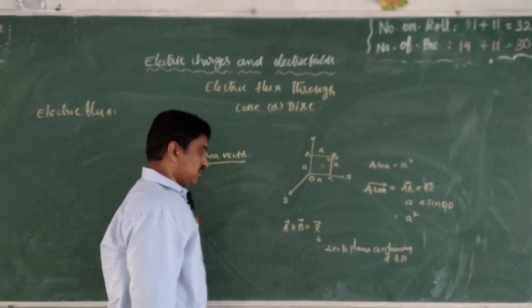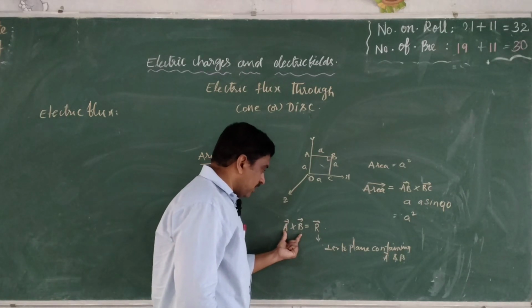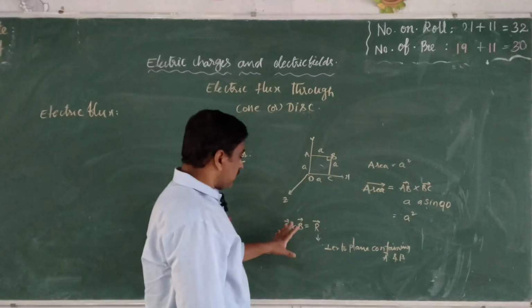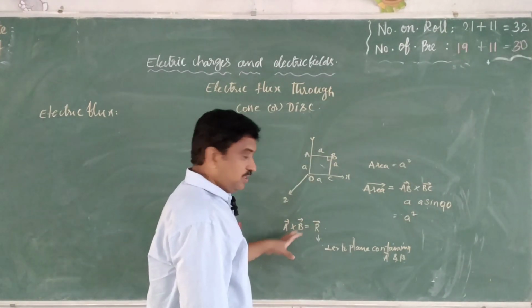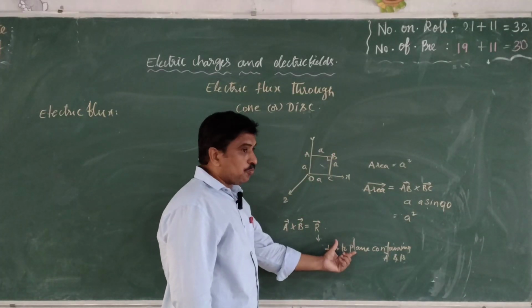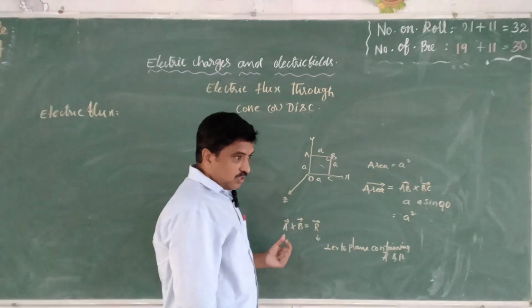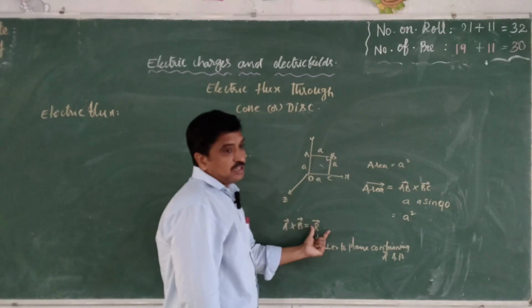So the direction of the resultant vector is perpendicular to the plane containing these two vectors A and B.